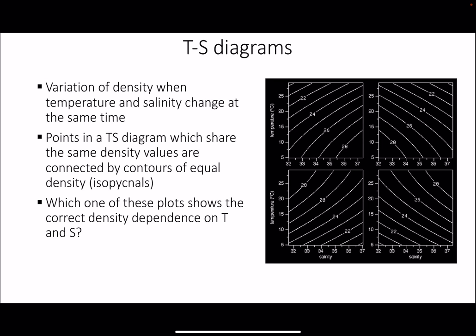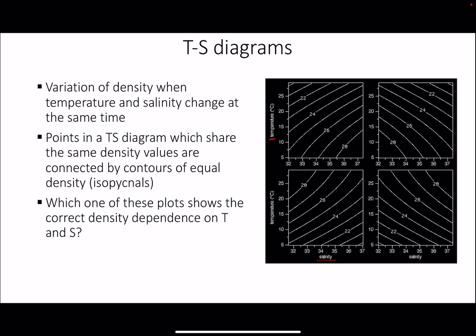And so we use temperature and salinity to create what we call TS diagrams. And you'll see these a lot in oceanography, so it's worth spending some time taking a look at them. So this is a plot where on the y-axis you have temperature, and the x-axis you have salinity. Okay, and so what it's showing you is for any given water, what the density of that water is for a given temperature and salinity.